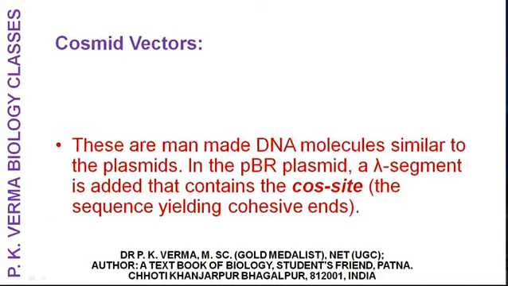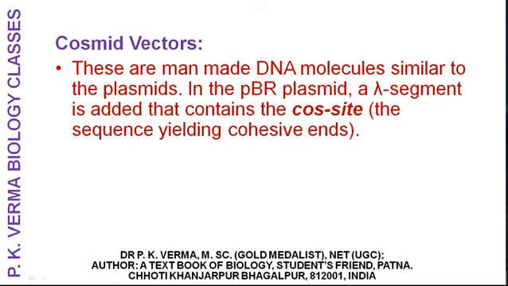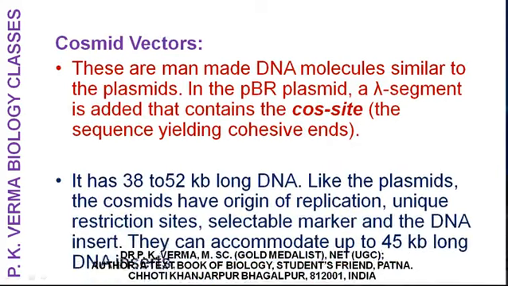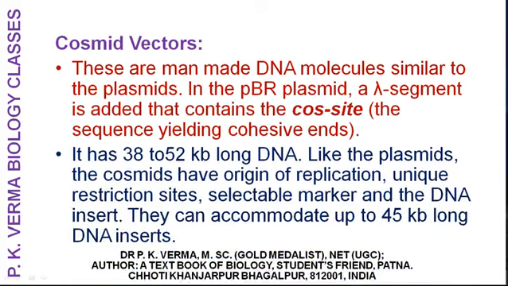In addition to the bacterial plasmid, there are cosmid vectors. In the pBR plasmid, a lambda segment is added that contains the cohesive site or cos site. It gives a certainty that the transformation will occur because the cos site helps in attachment of the external DNA into the plasmid.